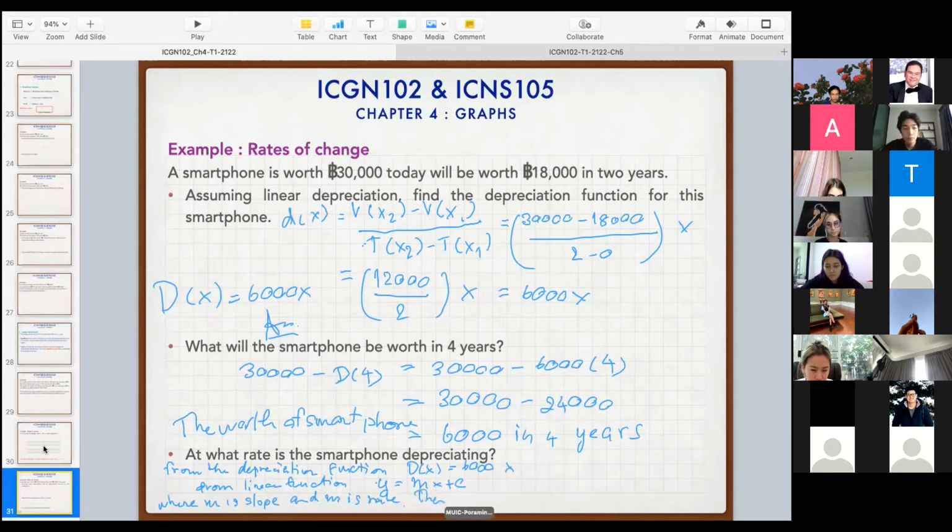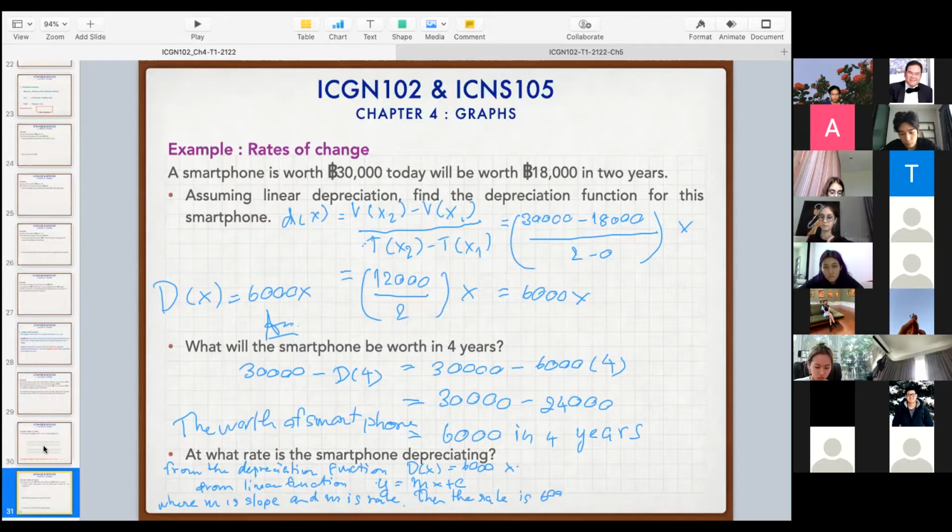Then the rate is 6,000. So dx equals 6,000x plus 0. That's why 6,000 is the slope. Then the rate is 6,000.